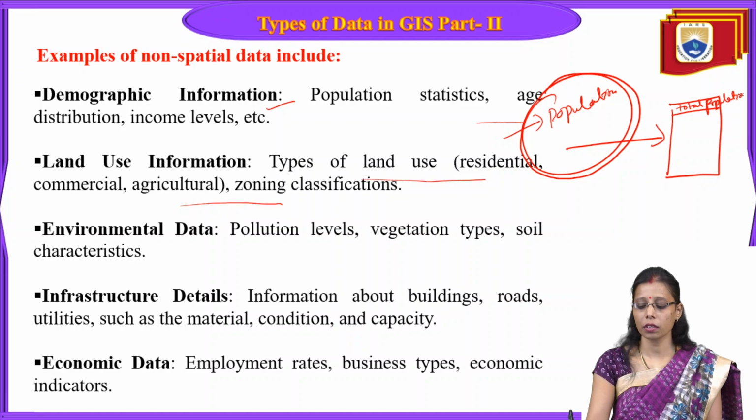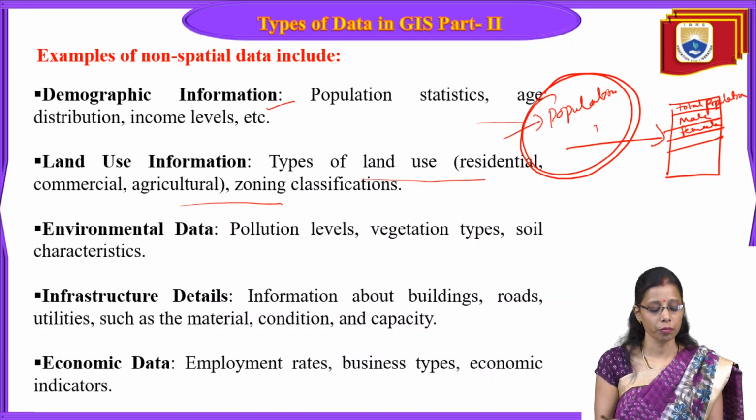We assign about male, we assign about female. Once you assign all this information to this area, that becomes the non-spatial information. It is in the form of a tabular format, and it gives the statistics like age, distribution, income levels about this population. That is all about the non-spatial data of a population.